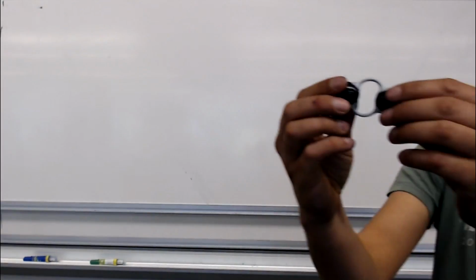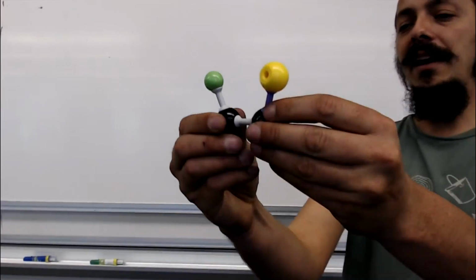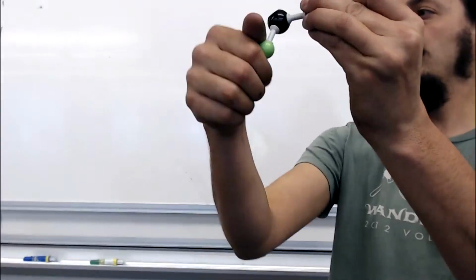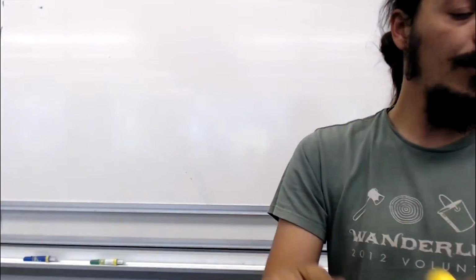In the model kit, you can see with a single bond, I can rotate. Let's attach things so you can actually see the bond rotating. I can have these things aligned, or opposite, or in any rotational orientation, with no effect.